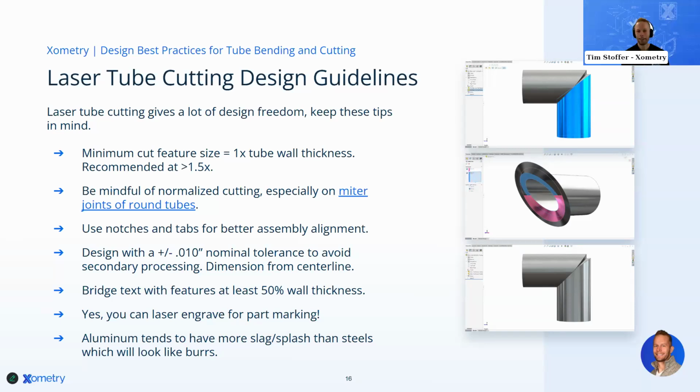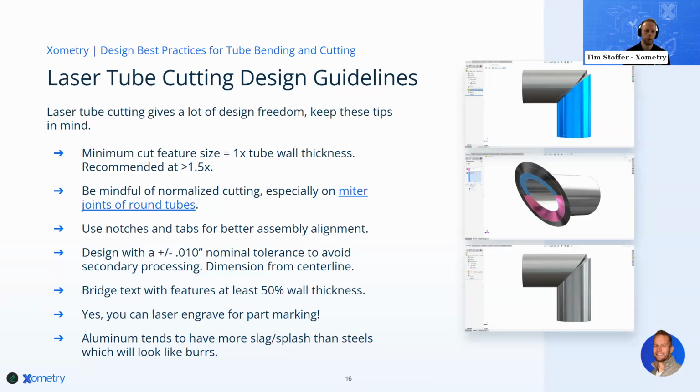So if you're still thinking bandsaw design, you can get a little more creative when you're thinking laser tube cutting. Whoever's constructing the final part or whatever it may be, those indications are a great way to make sure it's put together appropriately to maintain your geometric sizes and your dimensions associated with that part.